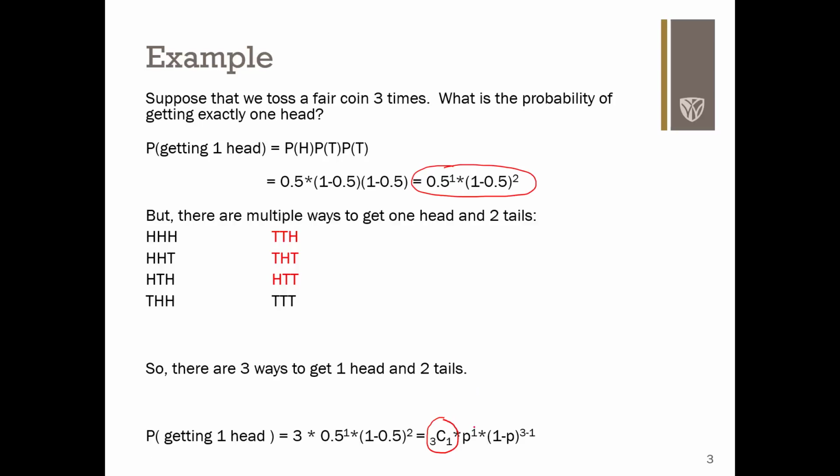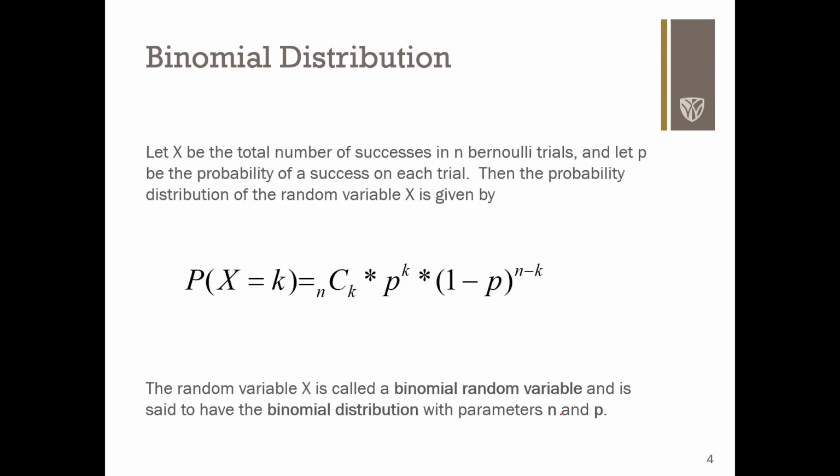We have p raised to the number of successes, and we have 1 minus p raised to the number of failures. And we write that in this particular way because that's how we define the probability for a binomial probability distribution. The probability that a binomial random variable is equal to k, or that you achieve k successes out of n trials, is this coefficient here, which is the number of ways of choosing k successes out of n trials.